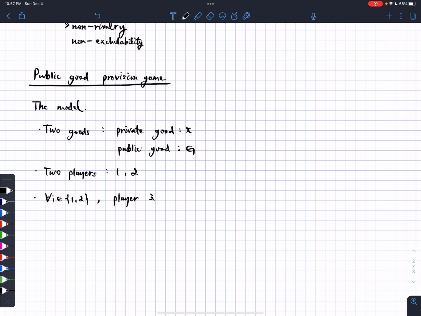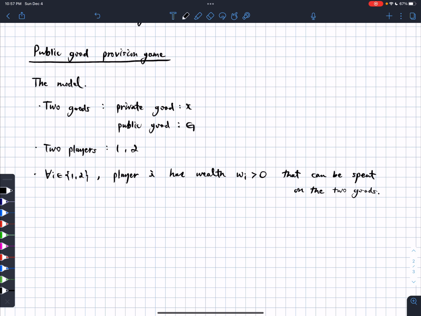Player i has some wealth, W_i, okay, and this is some positive amount of money, and that can be spent on the private good and the public good.